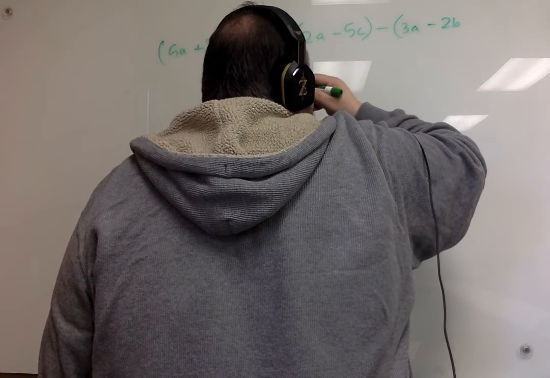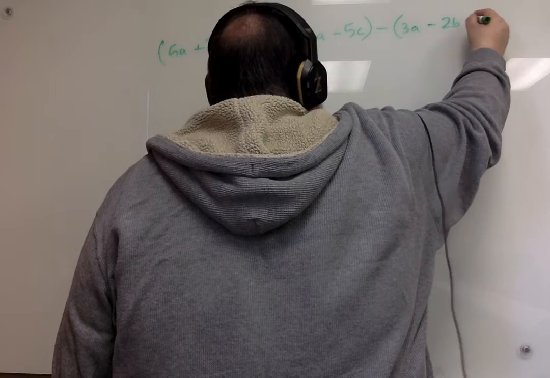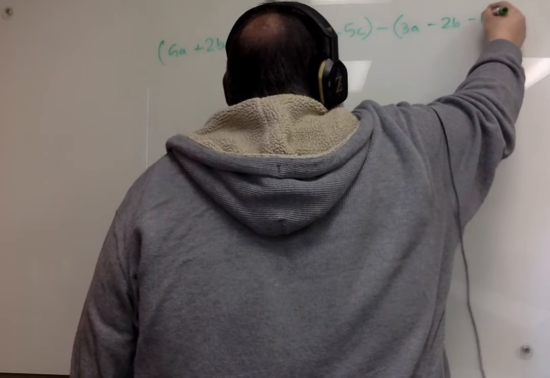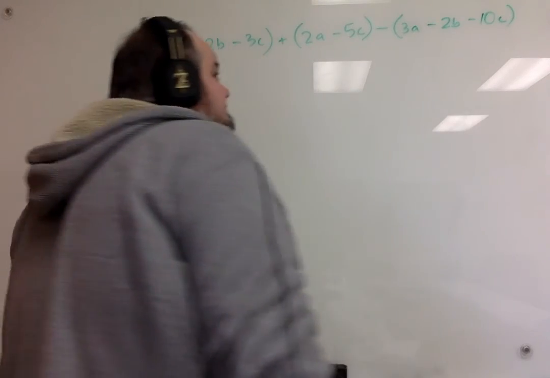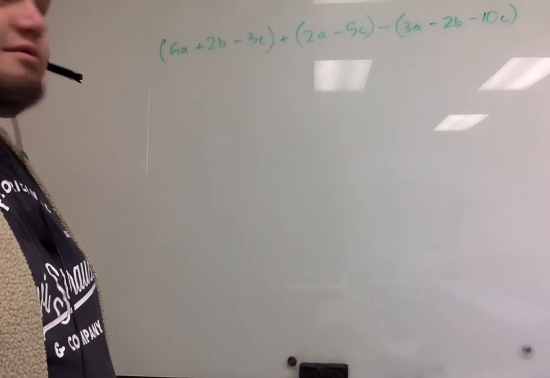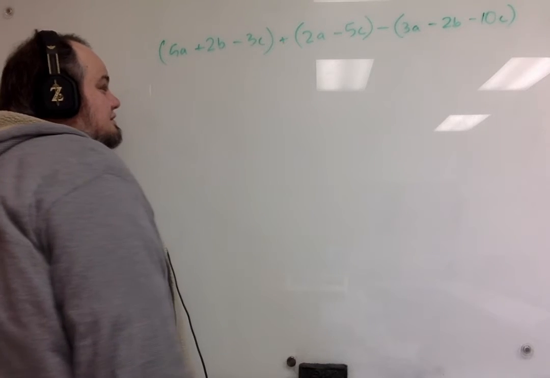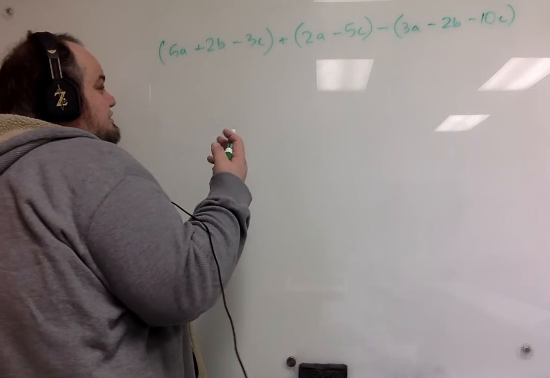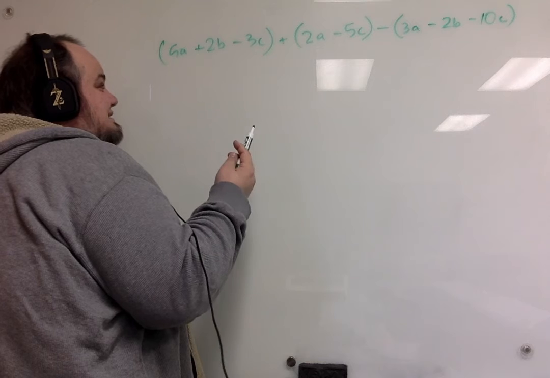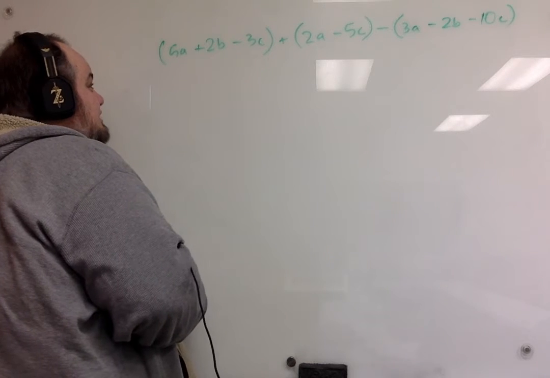That's the question. Well, we'll leave it. And then minus 10c. Okay, so that's our problem. You can see it's a lot bigger. There's just more variables. There's a, b, and c. There's more polynomials. There's 3 polynomials here.